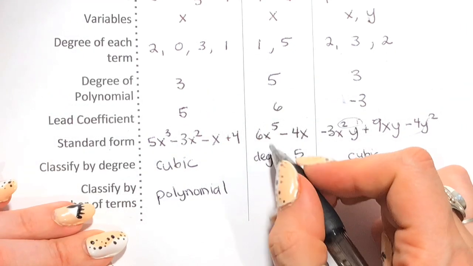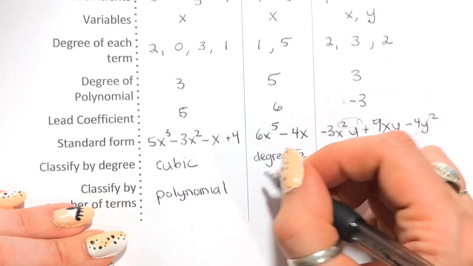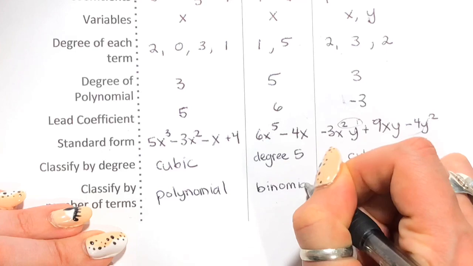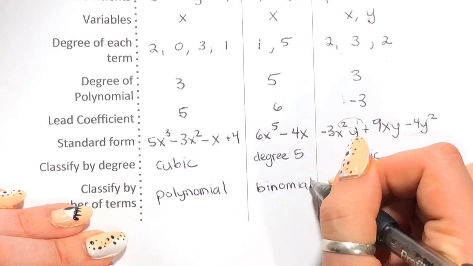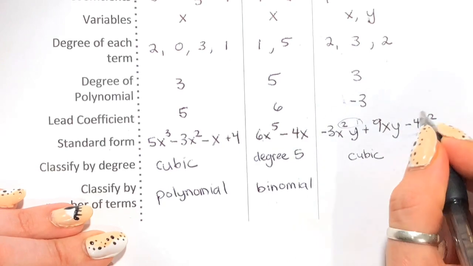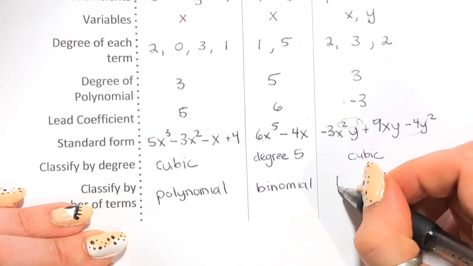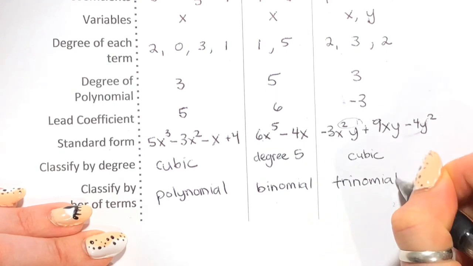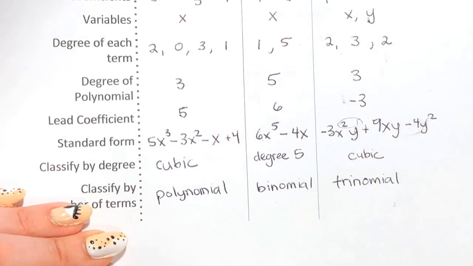And then this one has 1, 2 terms. So if there's two terms, we call it a binomial. So this is a degree 5 binomial. And then this one had 1, 2, 3 terms, which we call a trinomial. So if I classified this, I would call it a cubic trinomial.